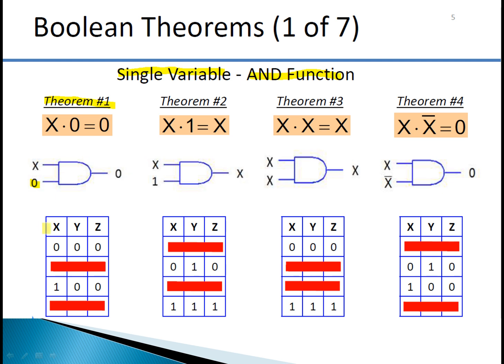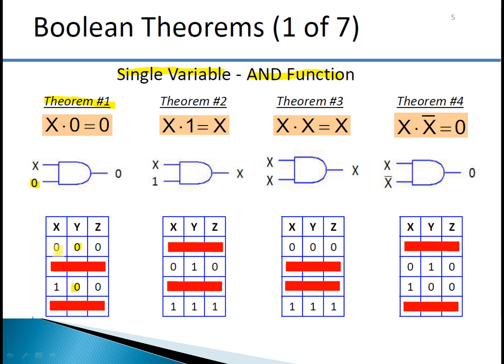Here I have written the truth table. X and y are the two inputs for this AND gate and z is the output. So here the y input is always 0, you can see here, and x can have either 0 or 1.